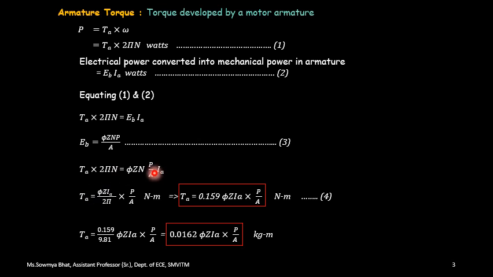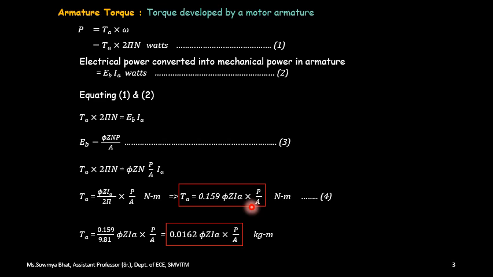If I rearrange this expression, the armature torque is equal to phi Z IA divided by 2 pi, into P divided by A, expressed in Newton meter. 1 divided by 2 pi gives 0.159, and the rest I write as it is: phi Z IA multiplied by P divided by A Newton meter.